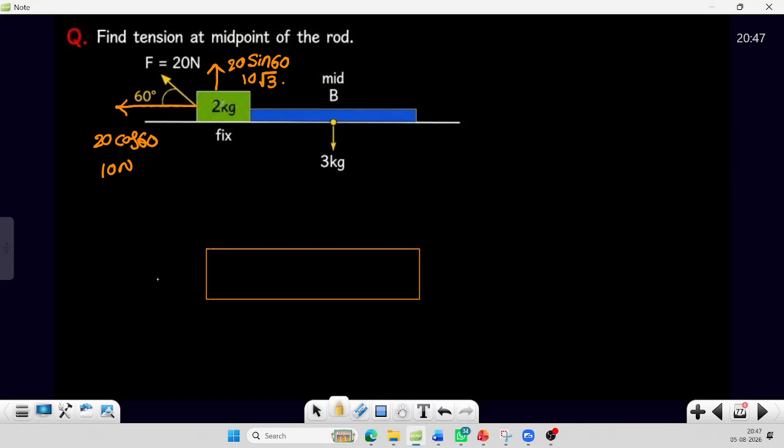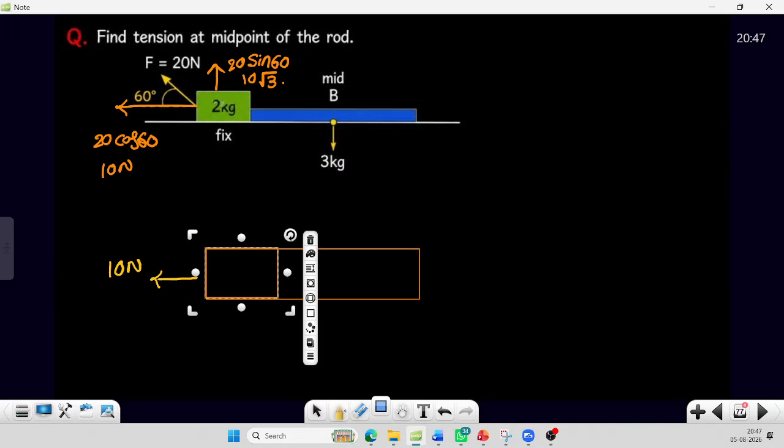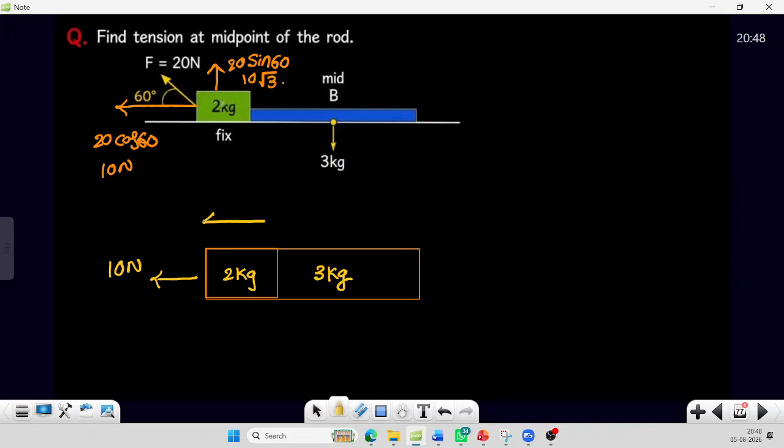And how much force are we applying here? 10 newtons. So what is the mass of this block? The whole together we are treating as a single block, so this will be equal to 5. This is 2 kg and this is 3 kg. Tell me the acceleration of the system now.